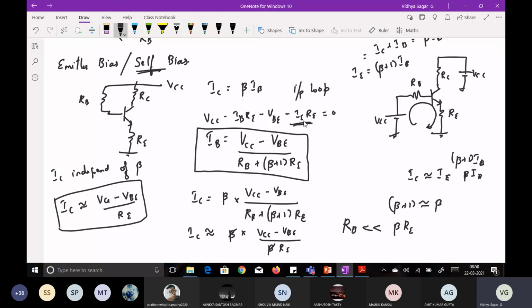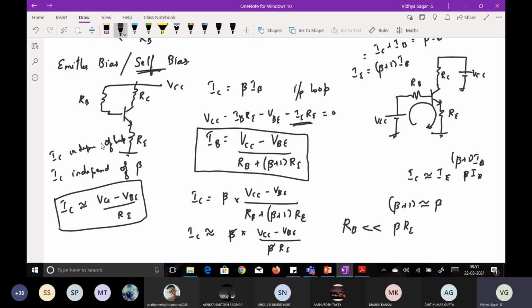That is why we call it self bias. The same amount of current which is increased due to the temperature will be reduced. So we could declare that IC is independent of temperature also.